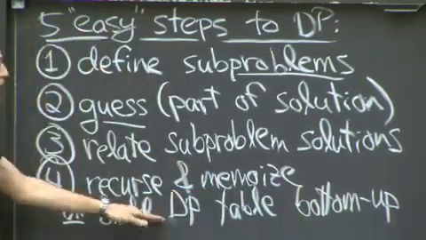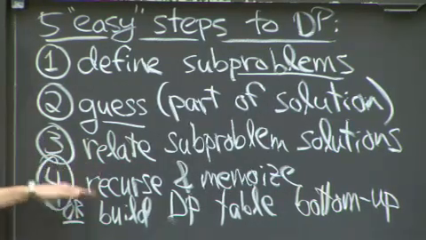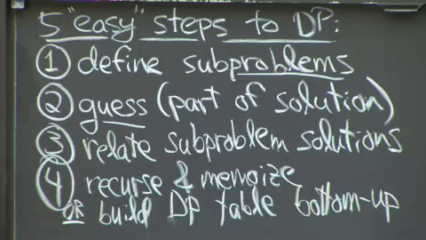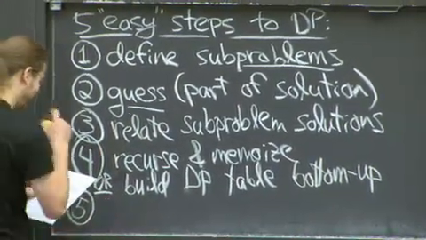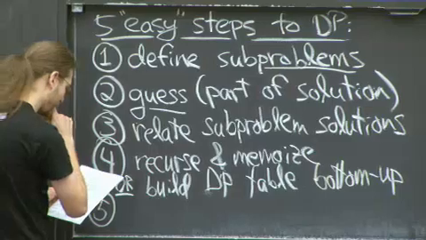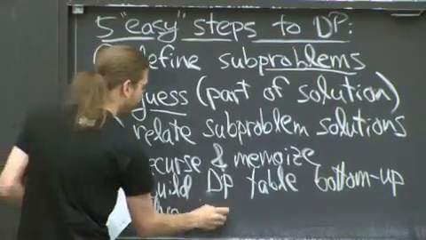This is going to be more practical, faster, and so on. Depending on your preference, one of them is more intuitive than the other, but it doesn't matter. They have the same running time, more or less, in the worst case. Then the 5th step is to solve the original problem.